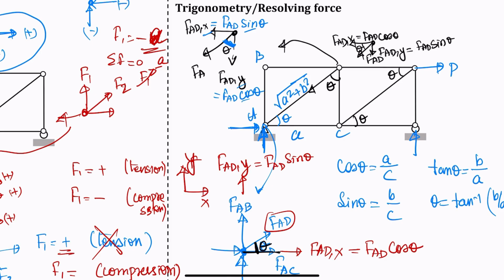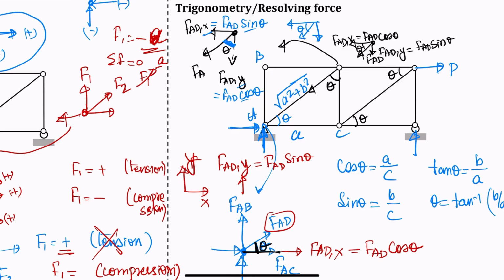So please make sure that you always take theta with respect to x so that you don't get confused with how you resolve your force components. If you always take your theta with respect to the x direction, then you will never get confused whether x is sine theta or cos theta.